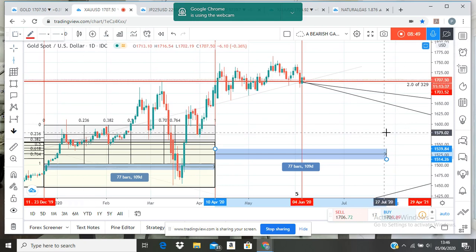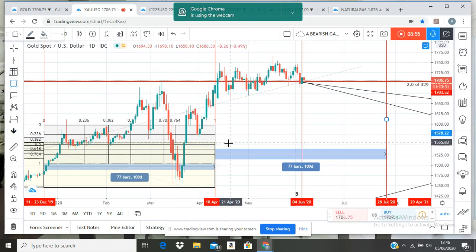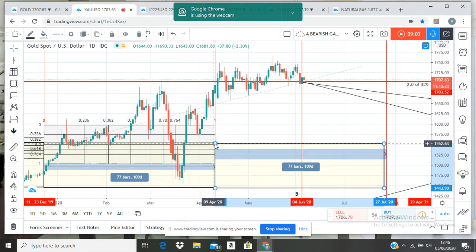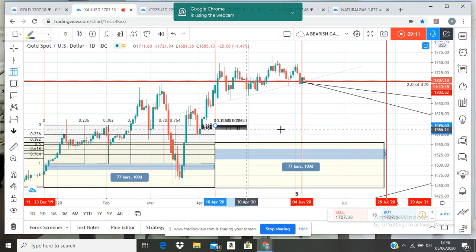So we put one line there, 28th July, and then we draw a square around. That is the third square. So let's use the box again to find our divisions in that square.